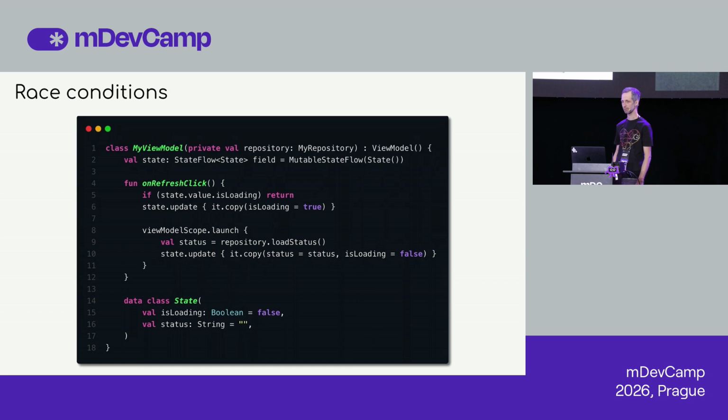If they click it fast enough while the loading is still in progress, a second loading might happen. Once the first loading process finishes, it dismisses the loading indicator, but the second one is still in progress, and it updates the state again eventually. So there is a race condition, and there is also inconsistent state. Your app is doing something, but on the UI it's not clear that it does something.